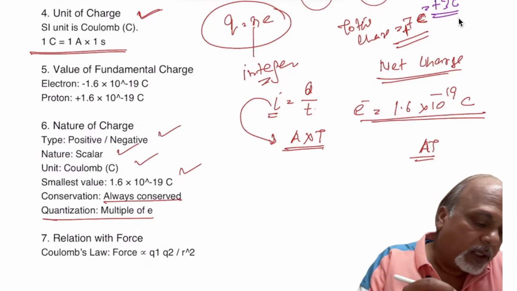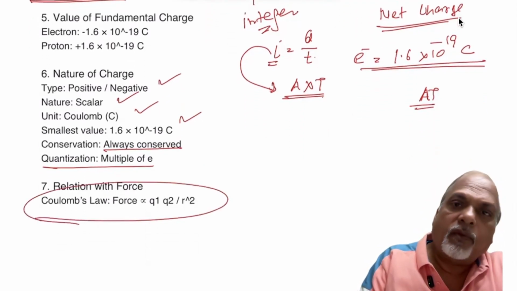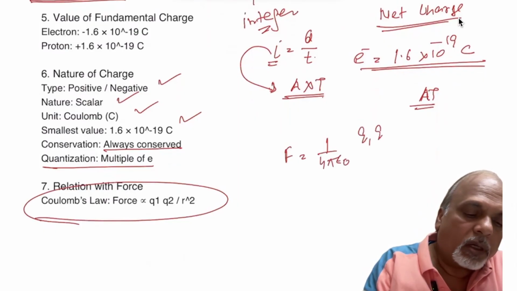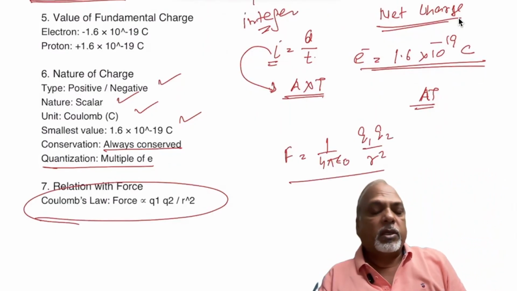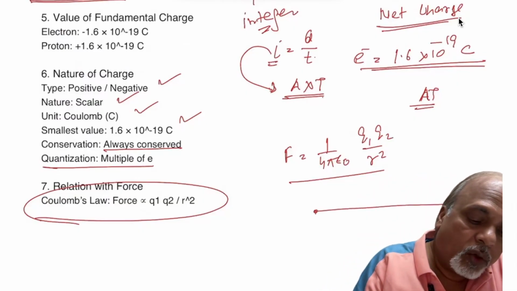And quantization means, now this is Coulomb's law that we are going to study in detail in the coming chapter. Coulomb's law is basically F equals 1 upon 4 pi epsilon 0 into q1 q2 upon r squared. We will study it in detail, so don't worry. This is the force between the two charges.